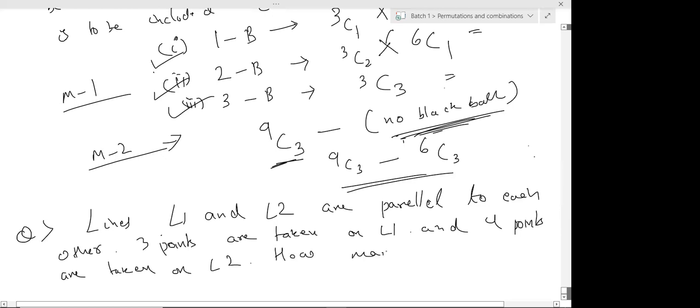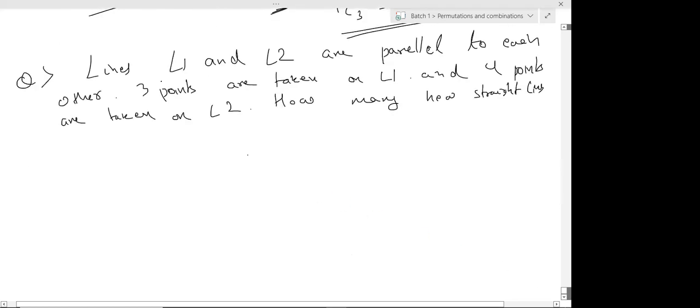How many new straight lines can be drawn passing through these points?